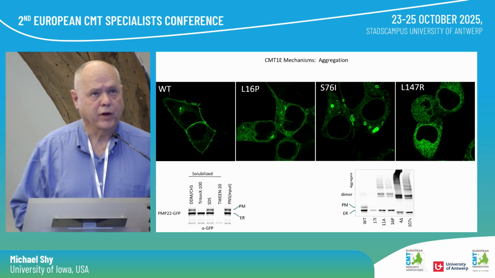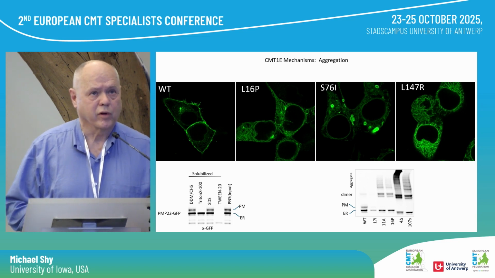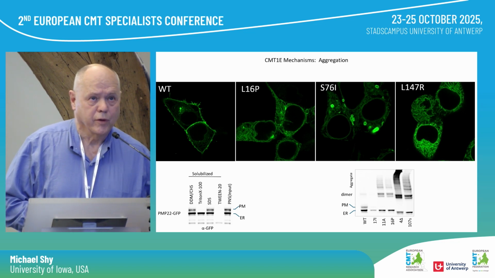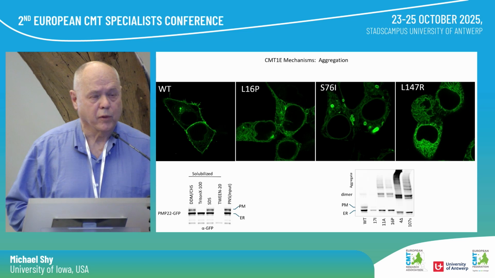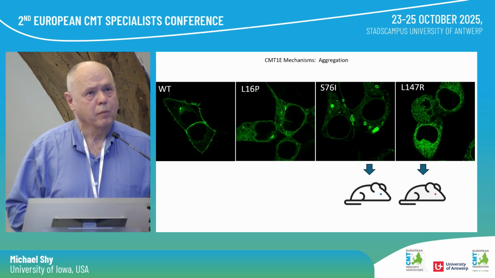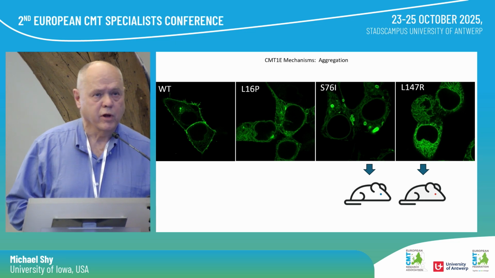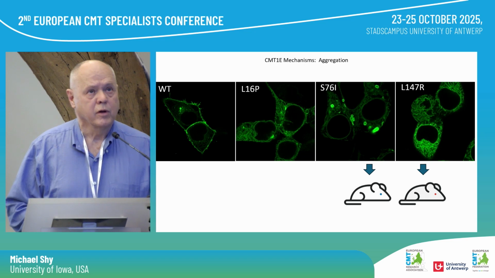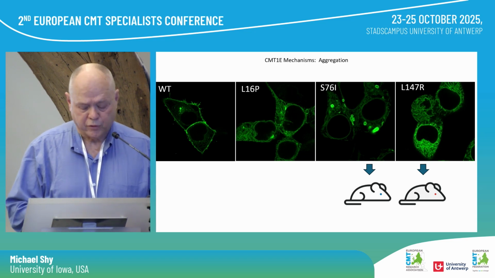Yet in other severely affected patients, like the L147R, you see a totally different distribution in the ER, although there's still ER retention. So our goal there is to develop mouse models with these mutations to look at potential different mechanisms contributing to the disease.